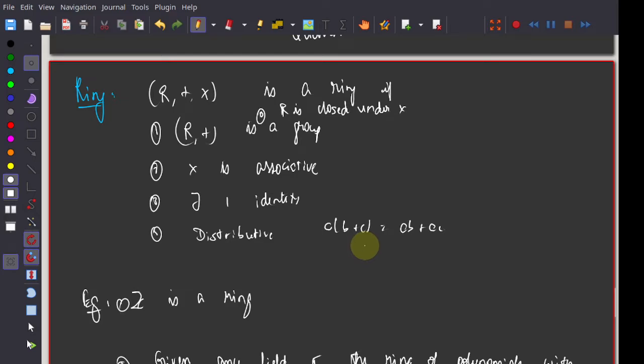Set of all 2 by 2 matrices. Okay. Which property does it violate? Multiplication is associative.